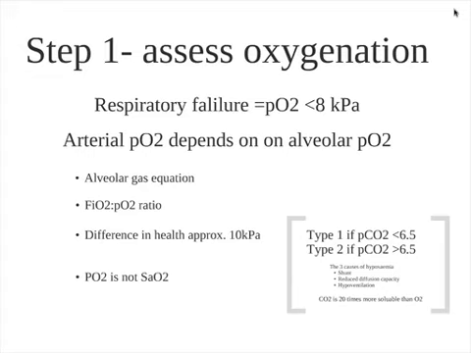There are lots of reasons why people may be breathing hypoxic gases, but just remember that whatever's coming in, you're trying to compare it to the PO2 that you're taking from the artery. So always compare what they're breathing to the arterial PO2. And there are equations to work this out, to say, is the PO2 that we see measured appropriate based on what they're breathing through their mouth.